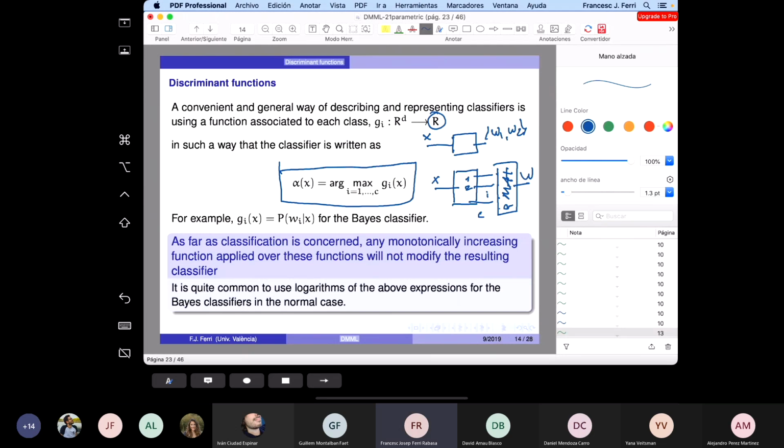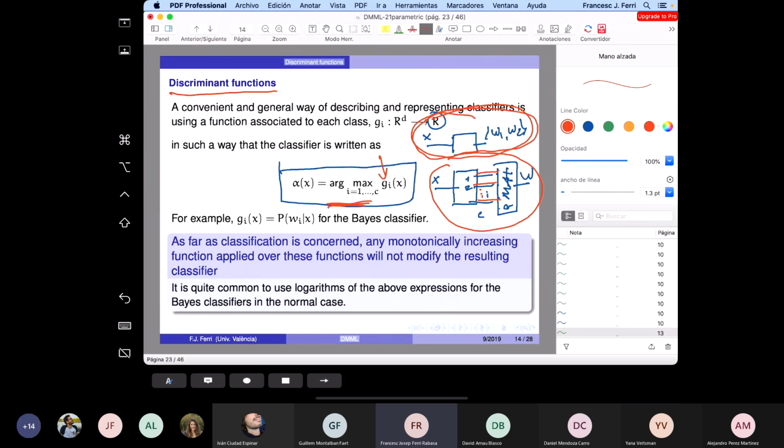So it's quite common to decompose this class mapping into a set of mappings, one for each class, and then to compute a maximum operation. Each of these functions is called a discriminant function.